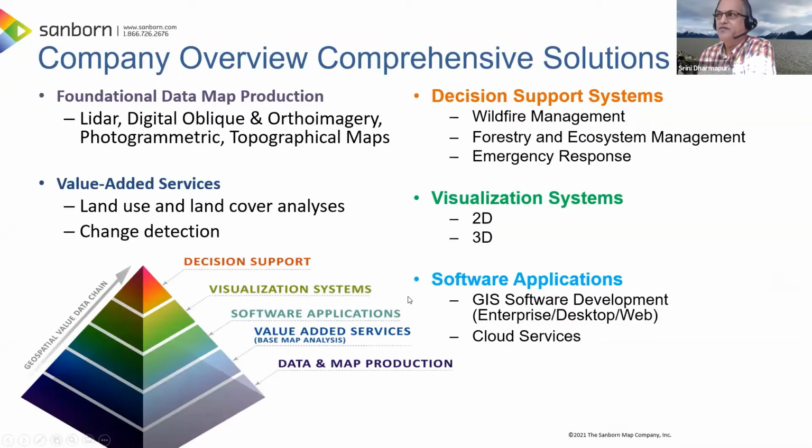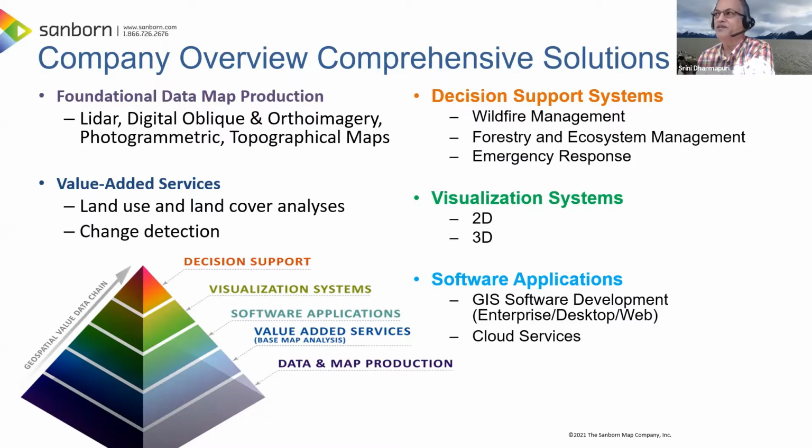So as I said, we are an end-to-end mapping company. We have our own resources. We collect data, we process data, and we produce the deliverables. We also have our own software team to develop software that enables the products to be available to the clients in various forms. So that's very short about my company.